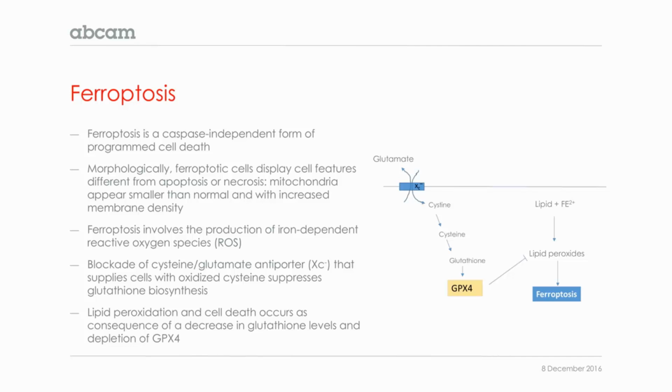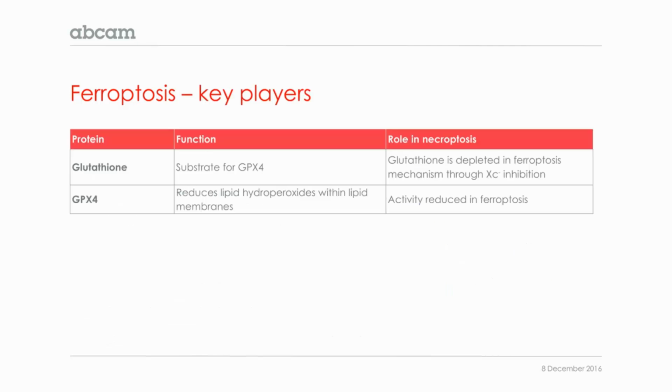Depletion of glutathione peroxidase 4 has also been shown to induce ferroptosis, as the lipid peroxide cannot be reduced. So the main markers to look at induction of ferroptosis are glutathione, the main antioxidant molecule in the cell, and glutathione peroxidase 4. Inhibition of any of them can induce ferroptosis.